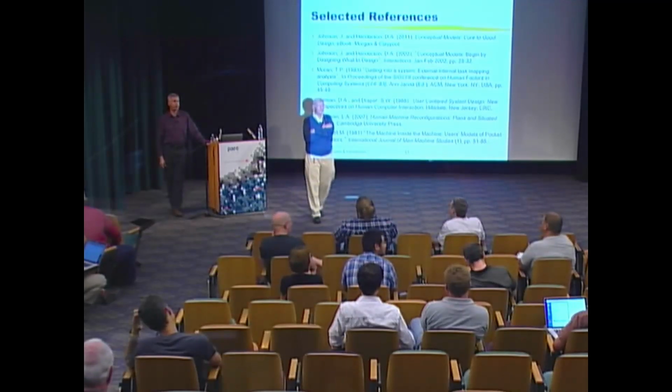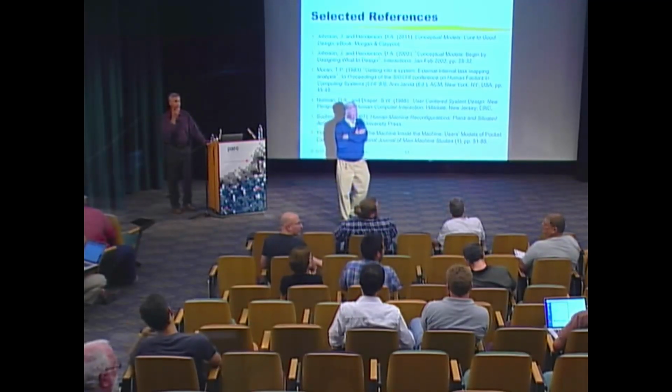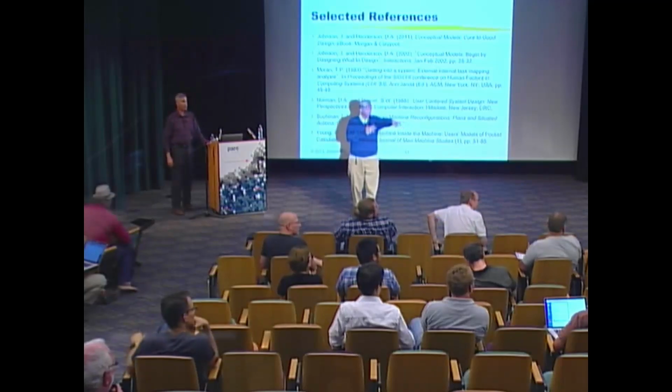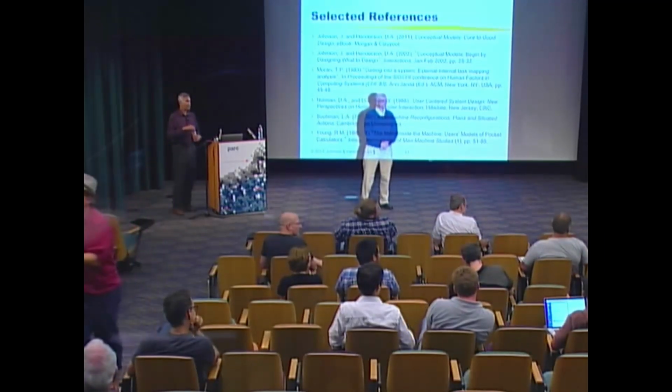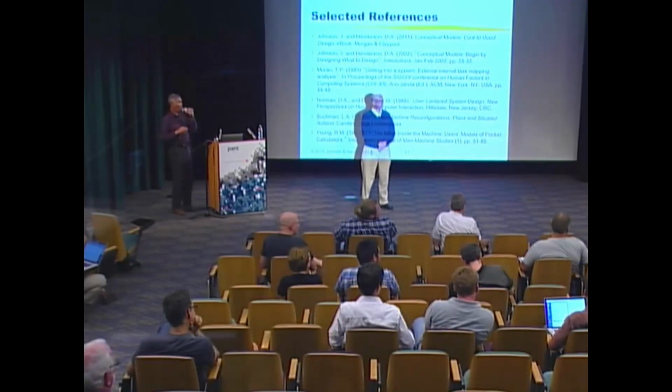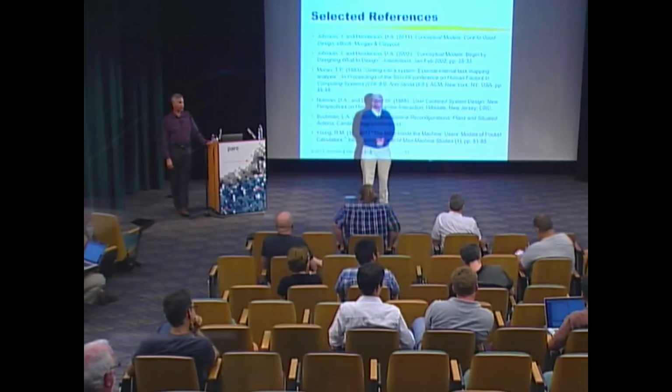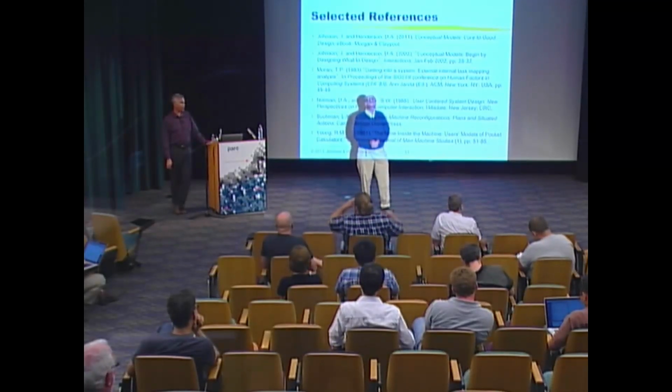So now questions. Questions? Okay, we have a question down here. So you seem to be proposing conceptual models as a way to achieve consensus among stakeholders about what we're building and why. To build consensus. Okay.